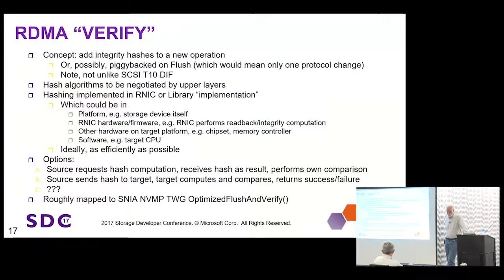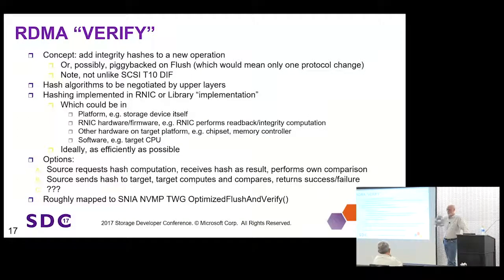And there's a couple of options, and we don't really have to decide between them right away. One is that the source requests the hash and gets the hash back. It says, compute the hash and send it to me, and I'll decide, which is nice. The other is the software says, this is what I believe these regions should hash to. Tell me yes or no. And the differences are interesting. In one case, you don't have to tell the server anything.